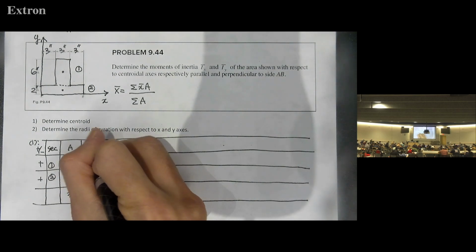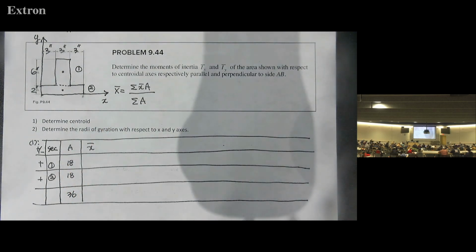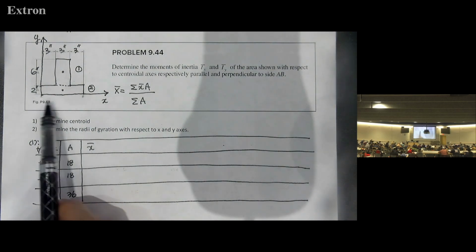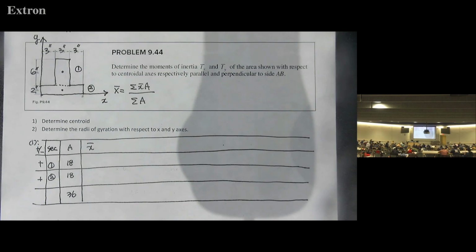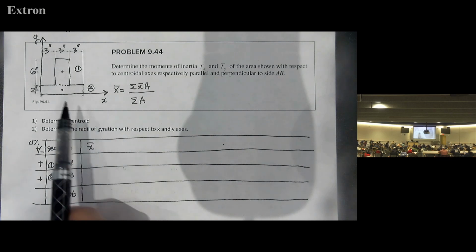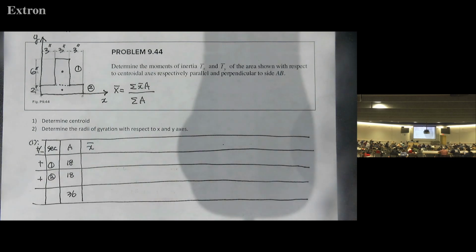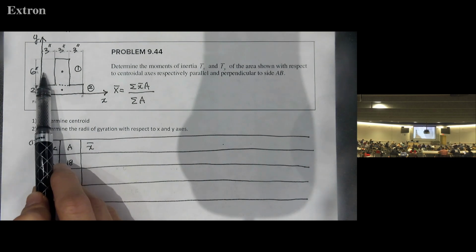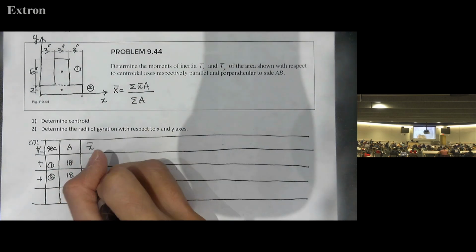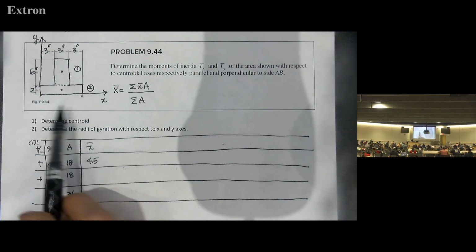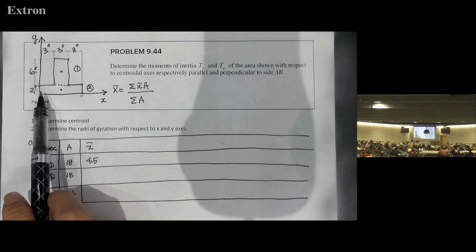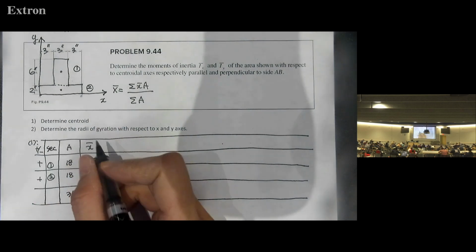And then what about x bar? X bar is, using this baseline, the x coordinate of the centroid of each shape, right? So x bar of the first one, 4.5, from here to here, right? So 4.5. What about x bar for the second one? Same, right? 4.5.